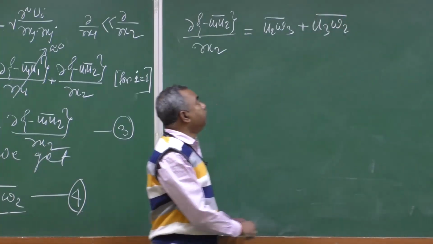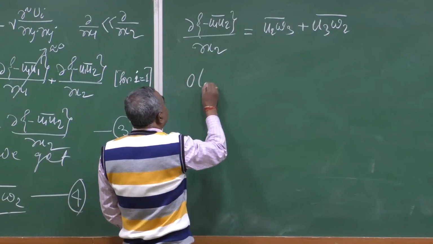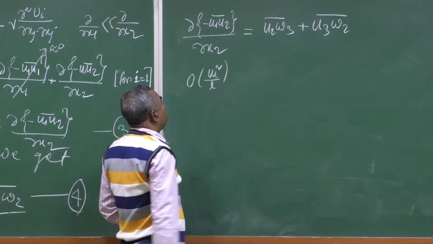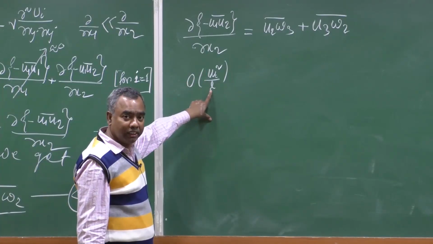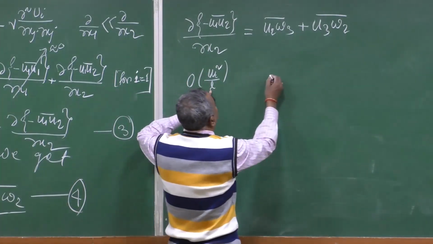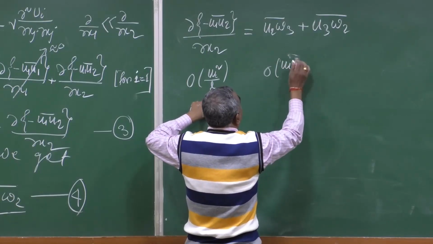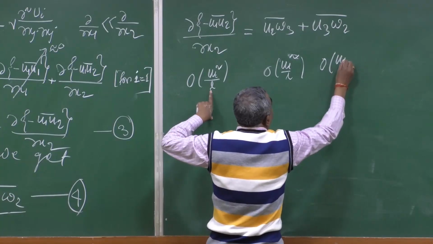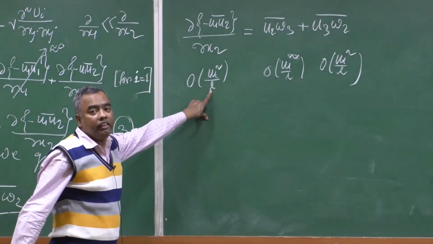Okay. So, I said the order of magnitude of this particular term is u2 square by L, provided del x2 scales with the turbulence scale L. Then the order of this term also should be ut square by L, and the order of this term is ut square by L, right.